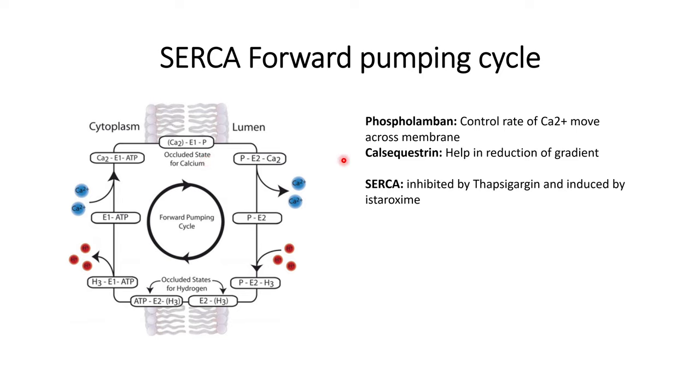Another protein is calsequestrin. What calsequestrin does is it binds to the free Ca2 plus present in the sarcoplasmic lumen. Because of this, the gradient of free Ca2 plus between the sarcoplasmic lumen and the cytosol is reduced compared to a situation where there is no calsequestrin.